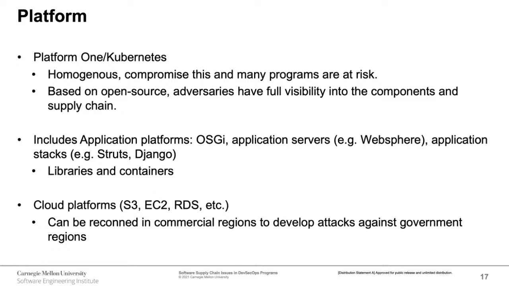One thing that Aaron touched on briefly earlier was this idea of homogeneous versus heterogeneous dependencies. From the perspective of a large organization like the DoD, having one canonical platform is an interesting risk, because your adversaries who know you have that one particular platform will know how to attack it, right?